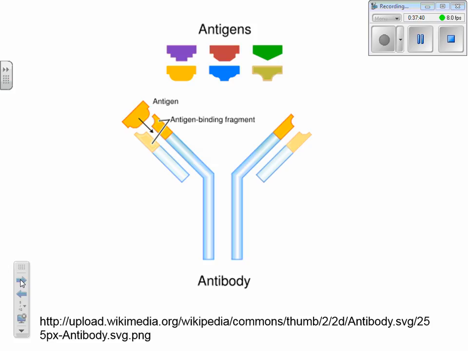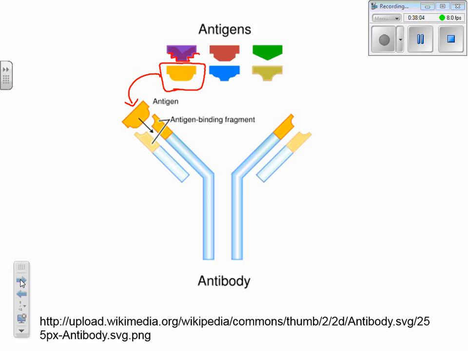So this one here, the yellow one, is going to fit in there, but of course the others won't, because the binding site on the antibody is not the right shape. The rounded shape on this one fits into the rounded shape on the antibody, but the purple one above it has got a stepped shape, so it won't fit in.